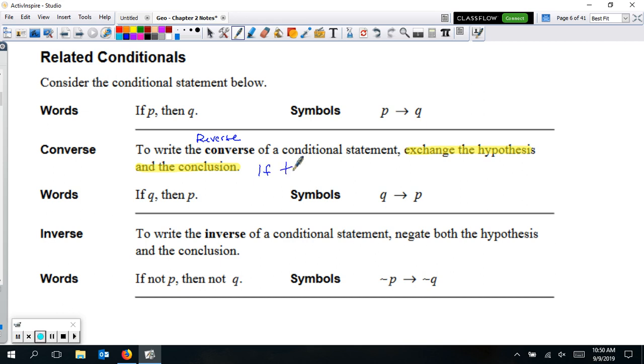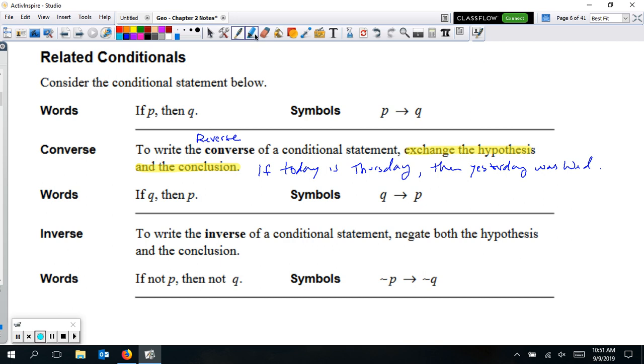So if today is Thursday, that was the conclusion part, but now we're putting it up front, comma, then, now we're talking about the yesterday being Wednesday. Then yesterday was Wednesday. I'll just put WED for Wednesday. Shorten that up a little bit. So if today is Thursday, then yesterday was Wednesday. That's the converse of our original statement. Okay? That's just switching the hypothesis and conclusion.